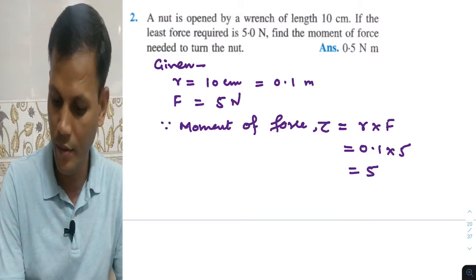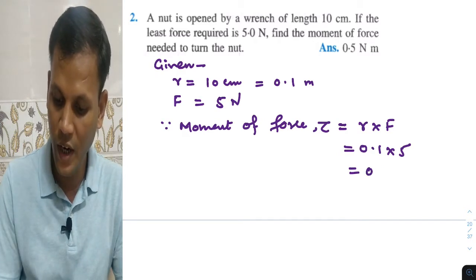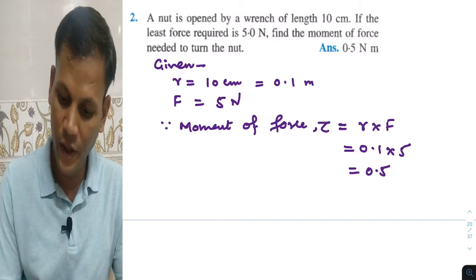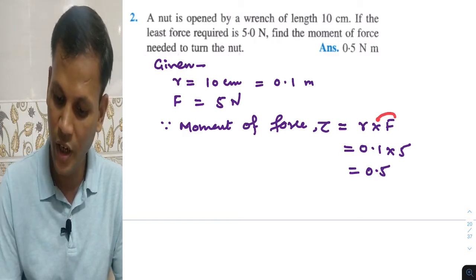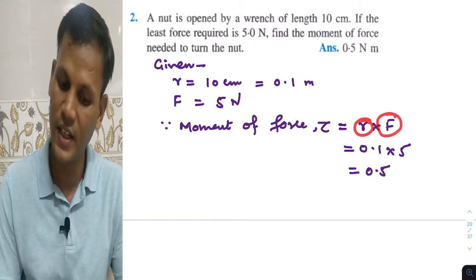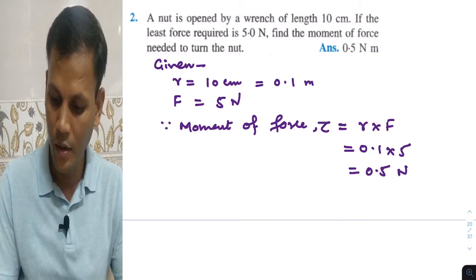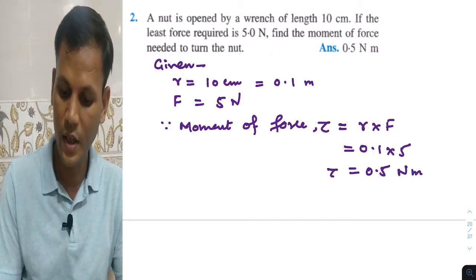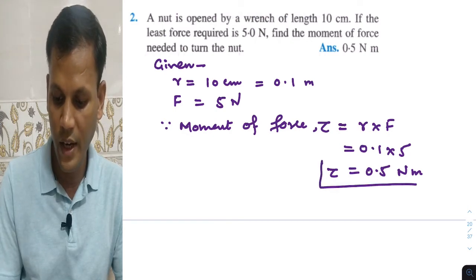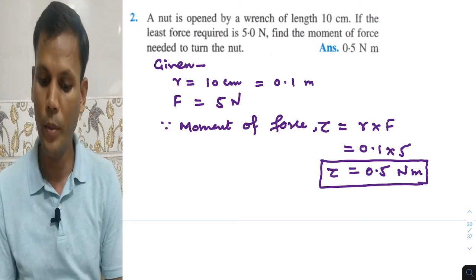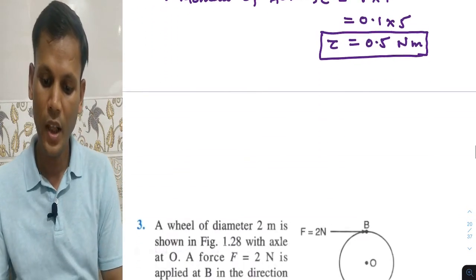What will be the unit? The unit of force is Newton, the unit of distance is meter. So it will be Newton meter. It is the value of torque or moment of force.